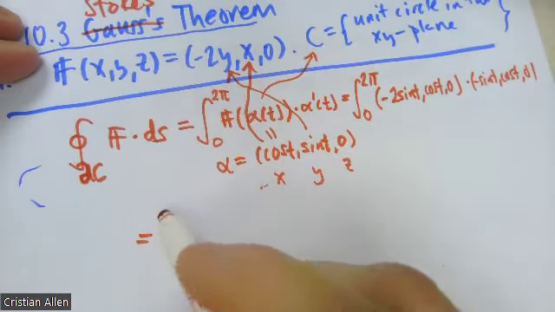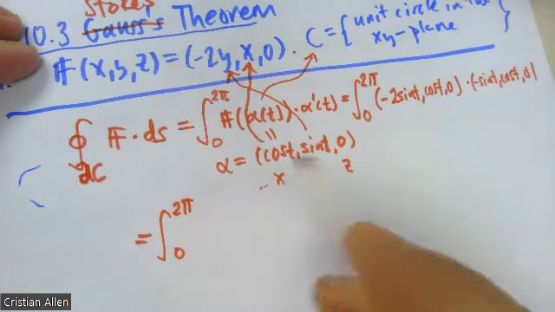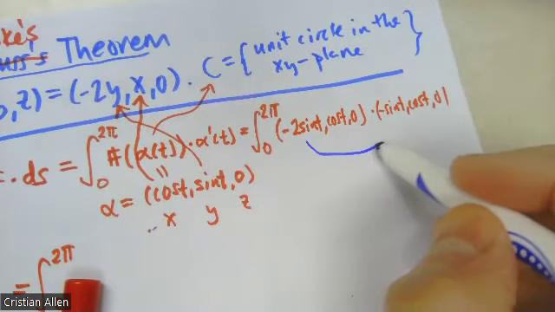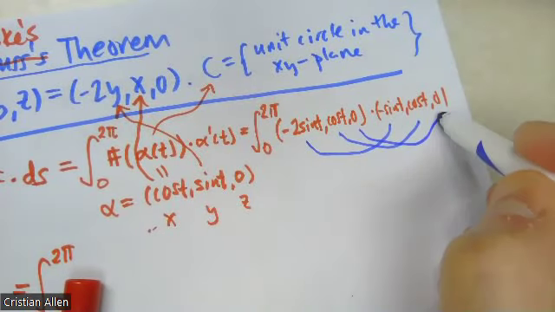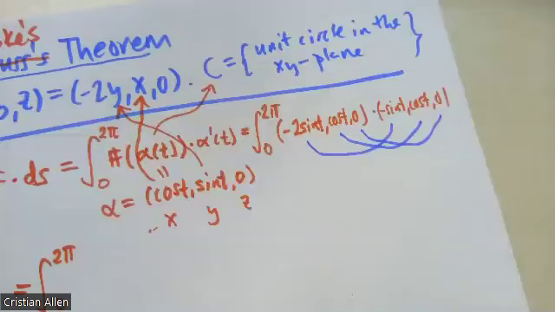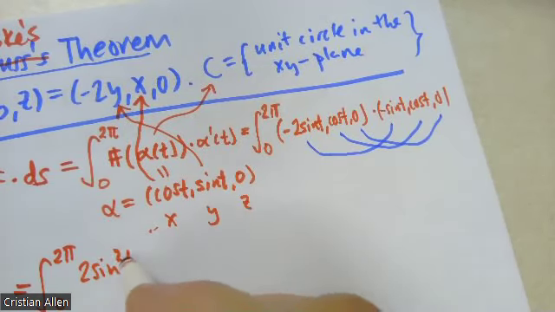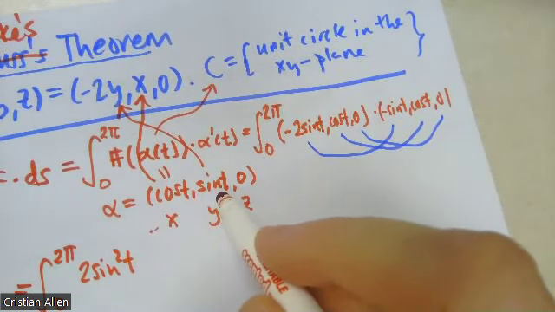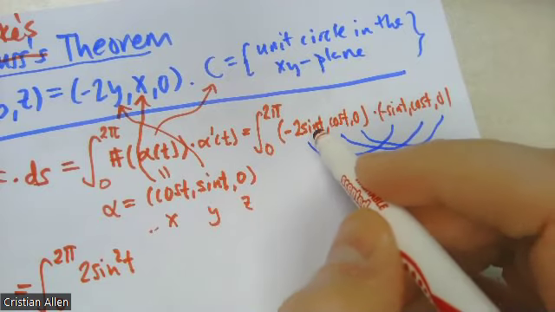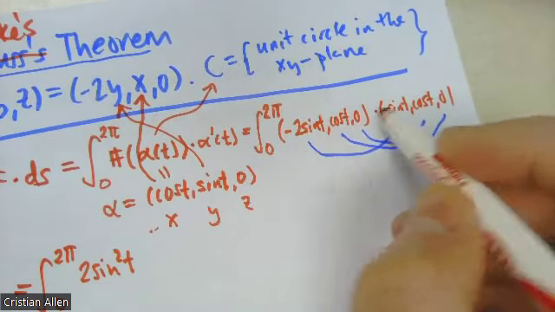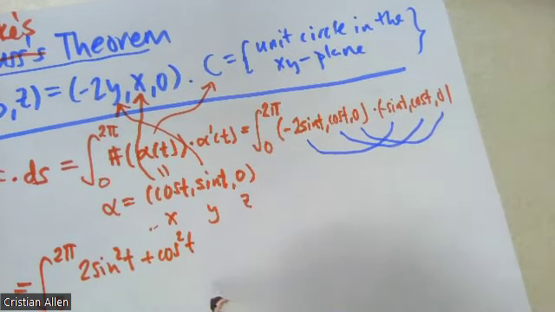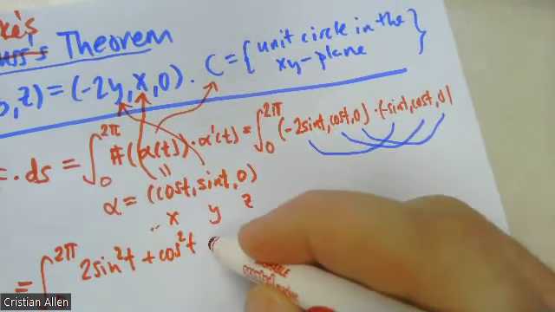Okay, continuing down here. The dot product is quite easy. We have positive 2 sine squared t plus 2 sine t plus cosine squared t plus 0, dt.